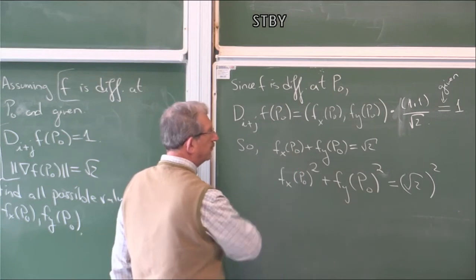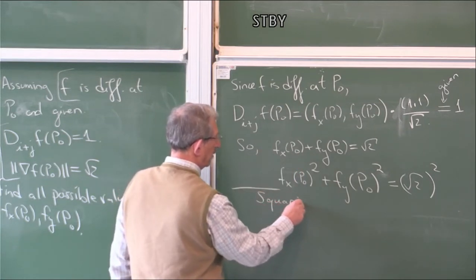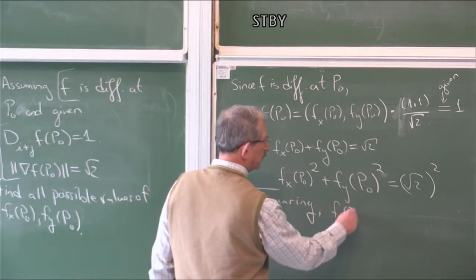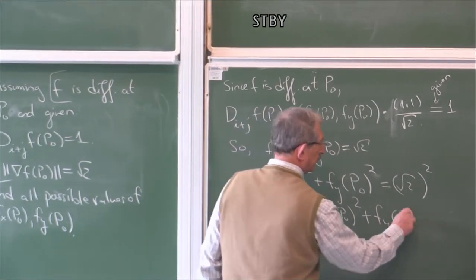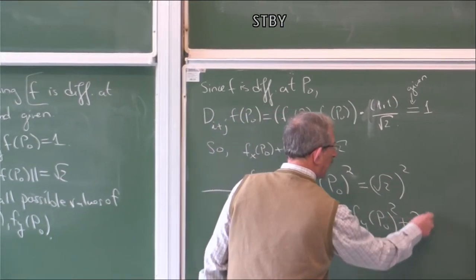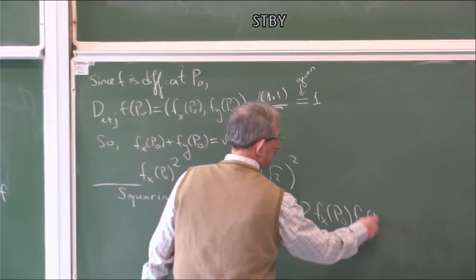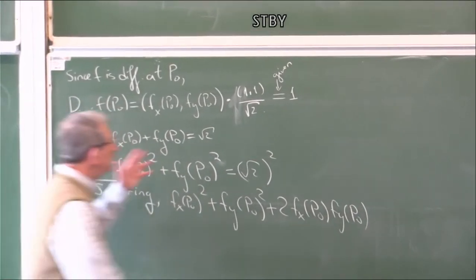Of course, from the first one, squaring, we get f_x at P0 squared plus f_y at P0 squared plus twice f_x f_y is equal to 2.